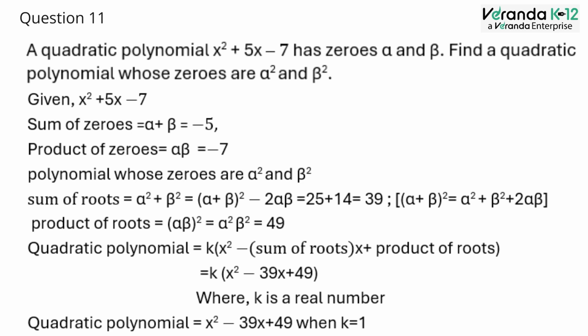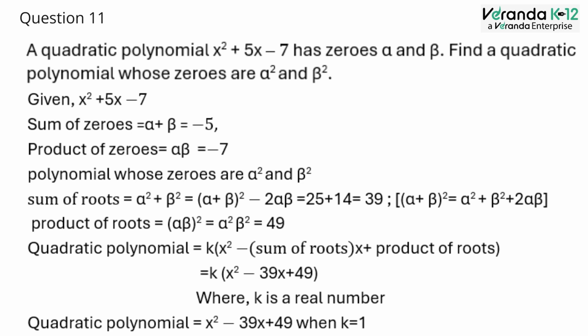For polynomial whose zeros are alpha square and beta square, sum of roots should be alpha square plus beta square, which is equal to alpha plus beta the whole square minus 2 alpha beta, which we will get as 25 plus 14, 39. And product of roots is alpha beta the whole square, which is minus 7 the whole square, 49.